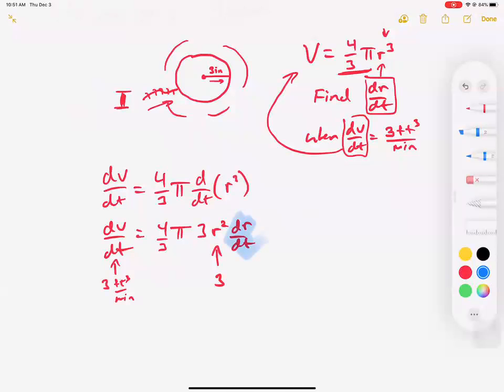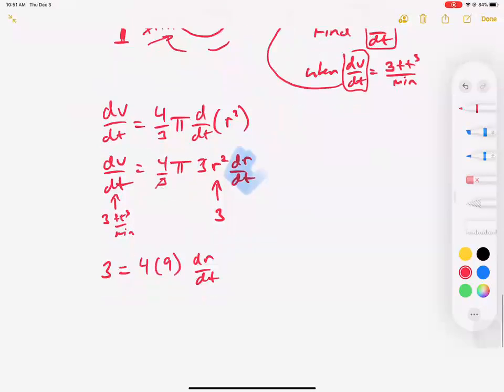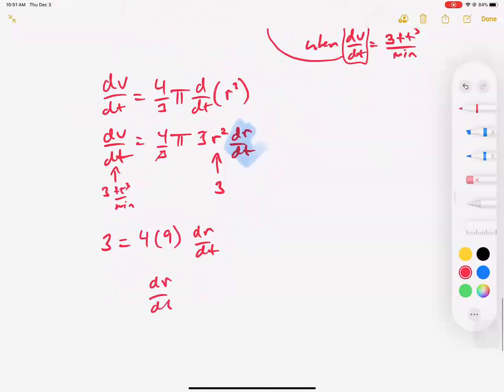So we have everything we need. So 3 is equal to, I'm going to cancel out these 3s, so it will be 4 times 9, because 3 squared is 9, dr over dt. So dr over dt is equal to 3 over 36.